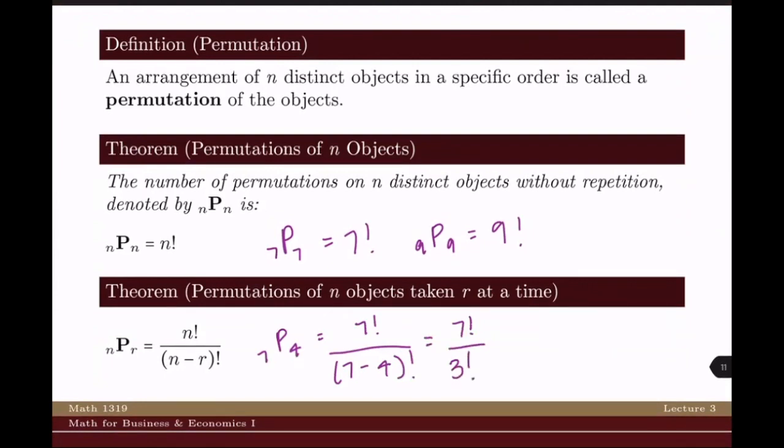And etc. You keep solving, so you have 7 times 6 times 5 times 4. So let's see, 42 times 20, it's what, 840, something like that.